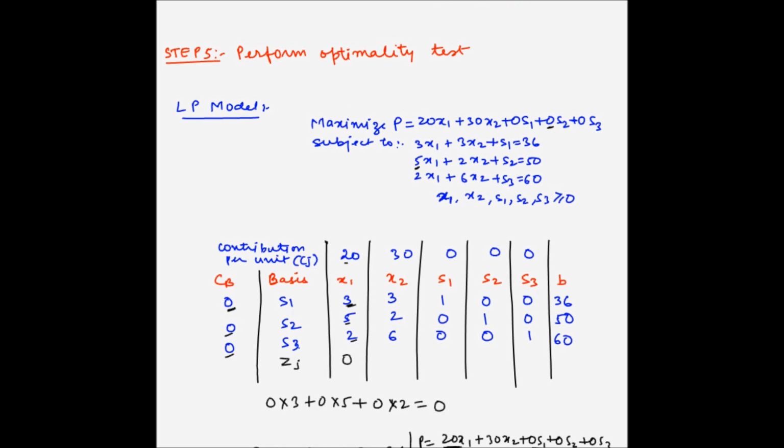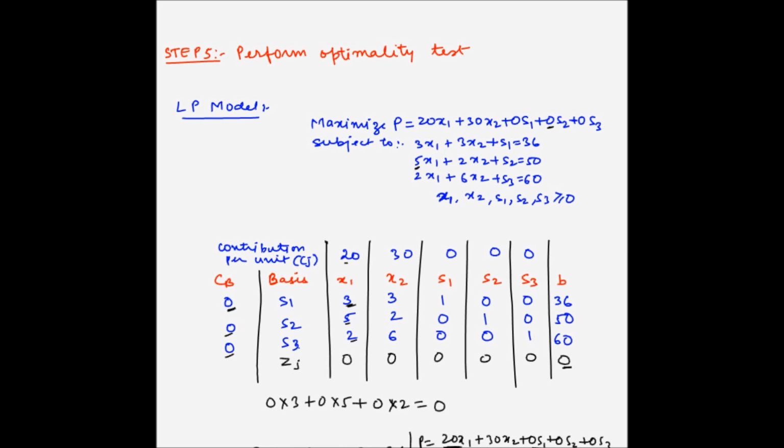Similarly for x2, 0 multiplied by 3 plus 0 multiplied by 2 plus 0 multiplied by 6, so this is 0. For s1 again 0, for s2 again 0, and for s3 again 0, and the value of b is also 0. So what this is indicating is that the current value of the solution is 0, which makes sense because x1 and x2 are 0, and 0 multiplied by s1, 0 multiplied by s2, 0 multiplied by s3 is also 0.